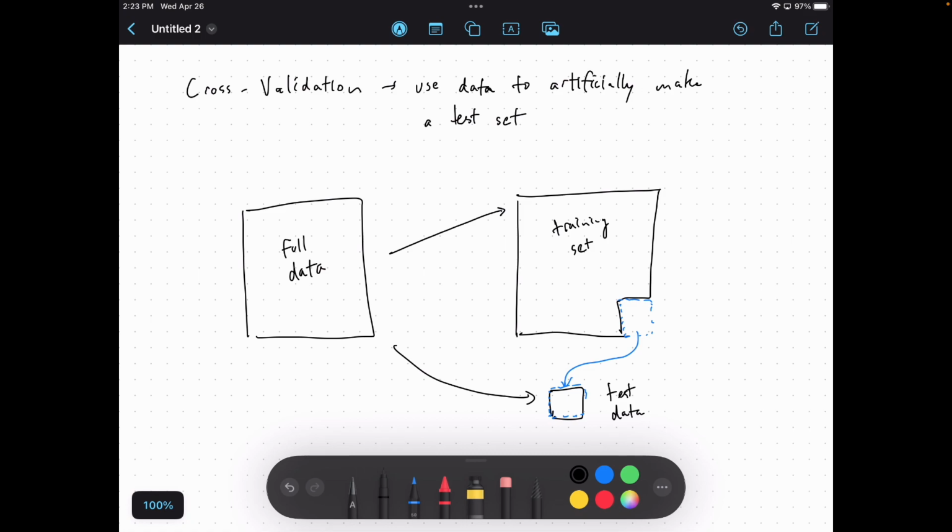So what are some potential pitfalls with doing something like this? What might you be worried about? Yeah, like not encompassing the full range of the model. Yeah, exactly.